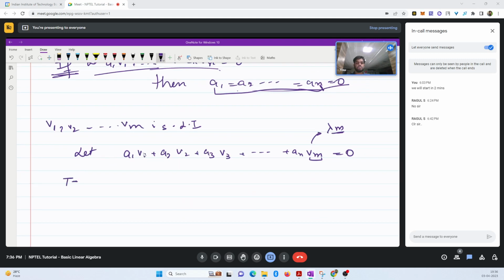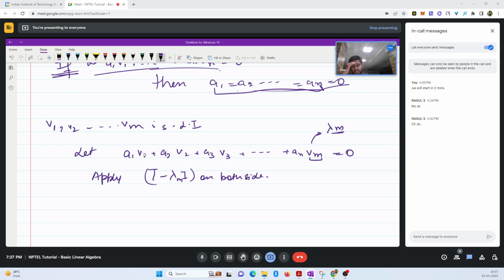Let's take this operation on both sides. Because this is a linear transformation, if you have two things equal and you apply some function or operation on both the sides, they would remain the same, right? So you apply T minus lambda m I on both sides.